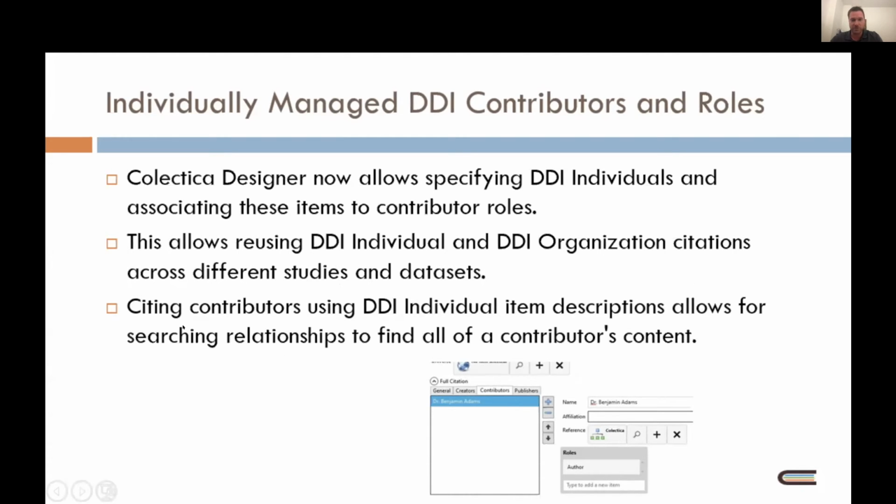So citing contributors using DDI individual item descriptions allows for searching relationships to find all the contributors' content. So you can see an example down here where we are selecting the contributor to be Ben Adams. And so now it's easy to cite him across many different studies and data sets because it's just logged right in there, just a matter of selecting it.